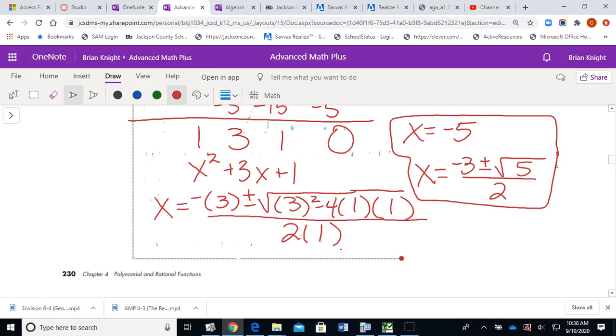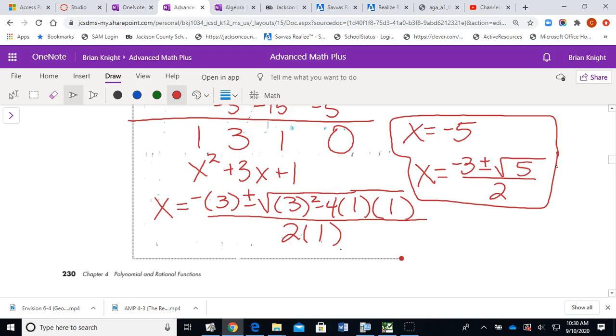If it says to round your answers, you would need to put those in your calculator, but it doesn't say that, therefore you can just leave it like that. But understand, in your calculator, you would put -3 plus square root of 5, enter, divide by 2, get that decimal, and then you do -3 minus square root of 5, hit enter, divide by 2, and get that answer.